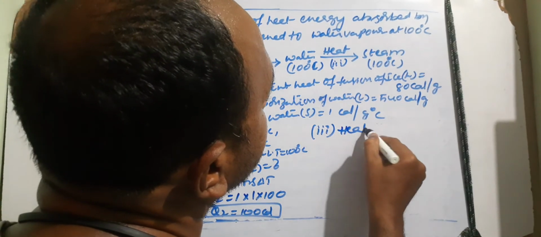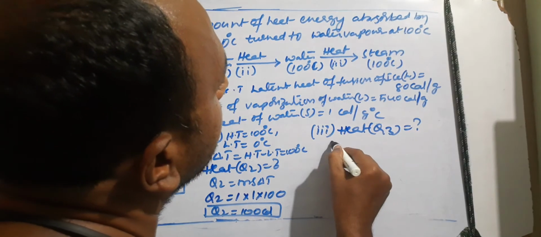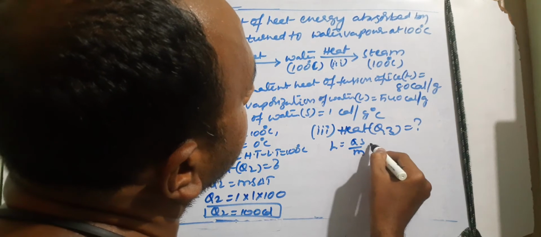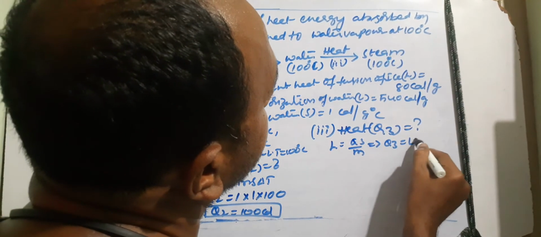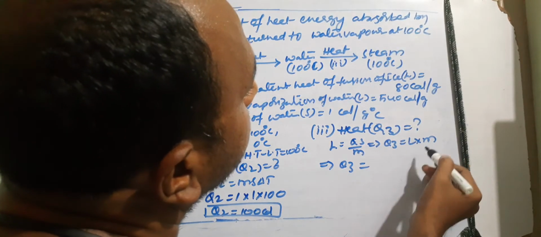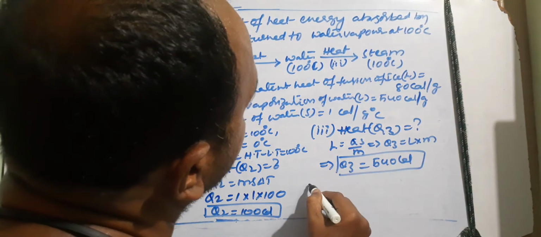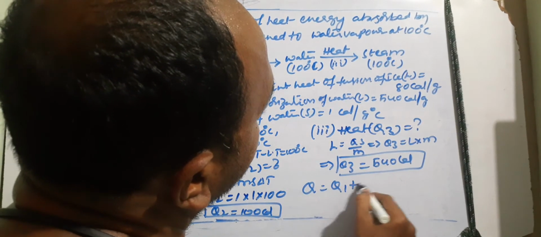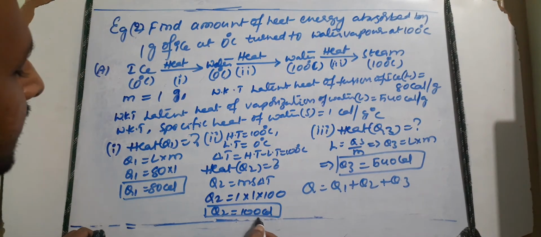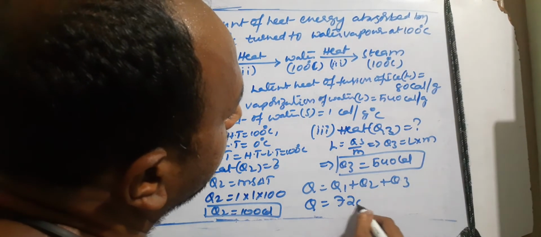In this case, the heat energy absorbed is taken as Q3, and you know the formula: L is equal to Q by M, that is Q3 by M. So this implies Q3 is equal to L into M. The L value is 540, the M value is 1. So Q3 is 540 calories, students. So the total amount of heat Q is Q1 plus Q2 plus Q3. 540 plus 100 is 640, 640 plus 80, that is 720 calories.